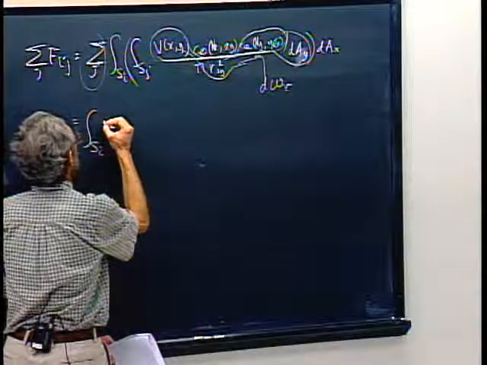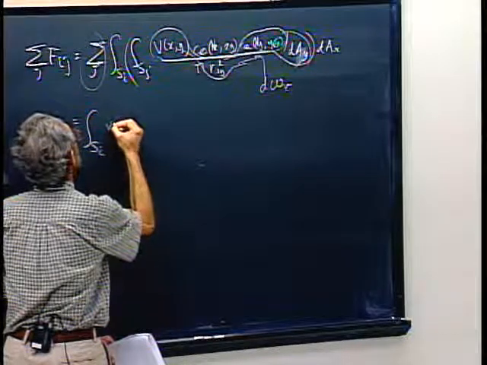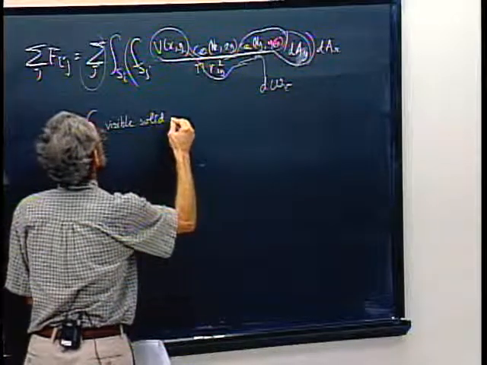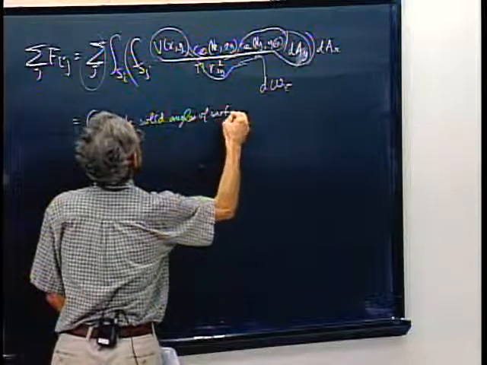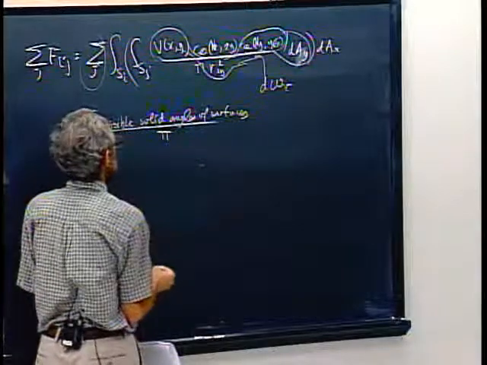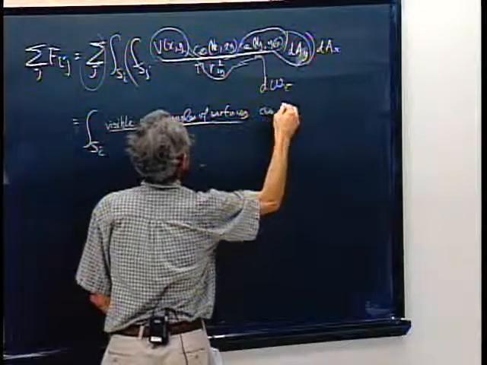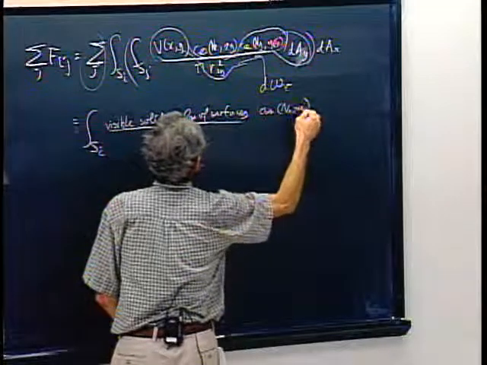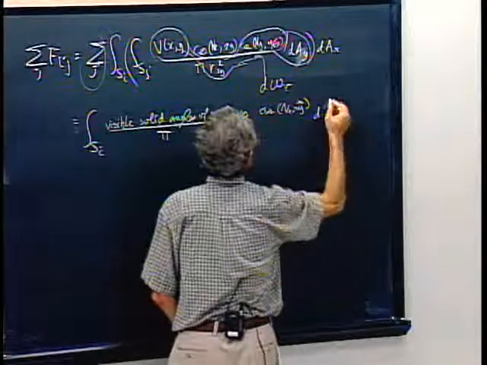This is the visible solid angles of surfaces divided by pi times the cosine nx xy d omega, I'm sorry, dAx.